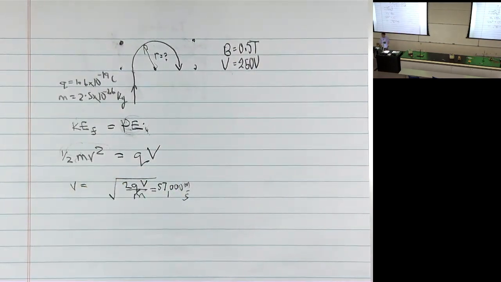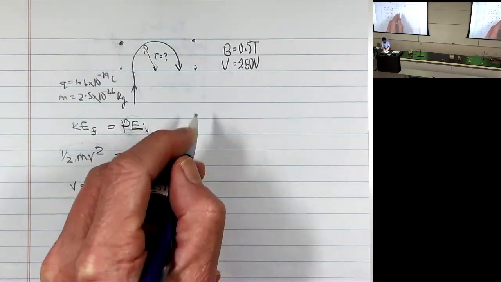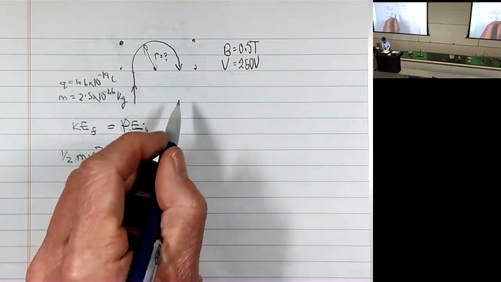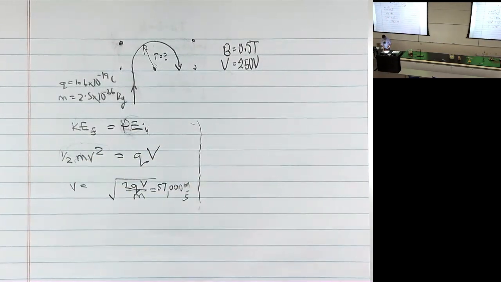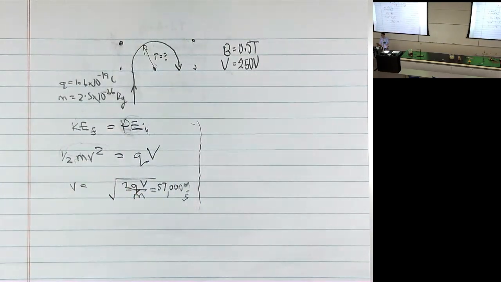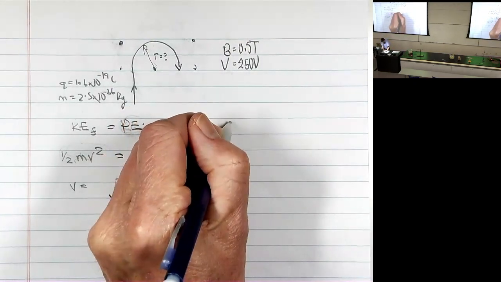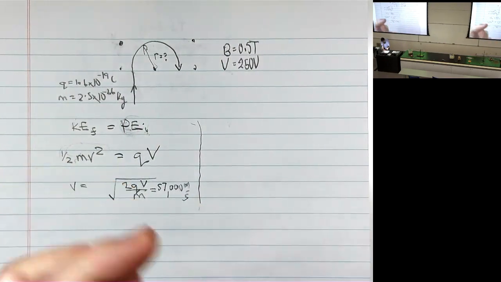Okay, so now we've got the speed. So that was kind of like part A of the problem. Now we know the speed at which the ion is flying around this circular orbit. That's enough now, with our understanding of the circular orbit, to find out what the radius of the circular orbit is. Remember, we derived that equation that related the speed and the radius.